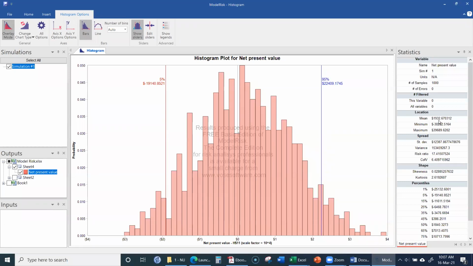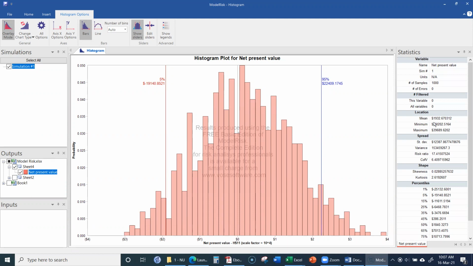So the mean value is positive in this case, which shows that this project has good potential. That means if we plot it 1000 times, for those 1000 net present values, the mean value is a positive value.